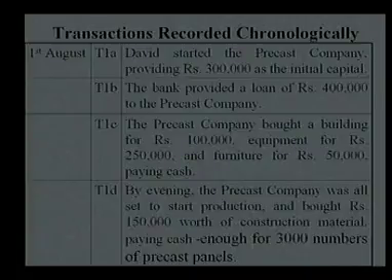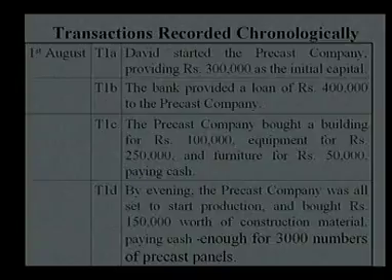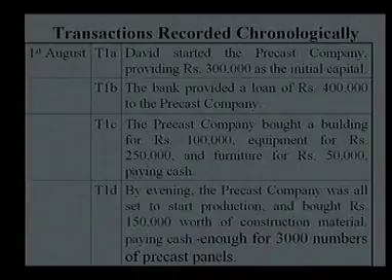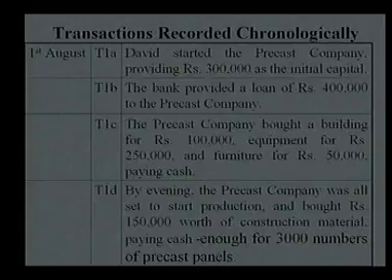So this is the fourth transaction. The company has purchased construction materials worth rupees 150,000, all in cash. You might have noticed that in this particular slide, all the transactions are cash related. We have not taken a single non-cash transaction in this slide.